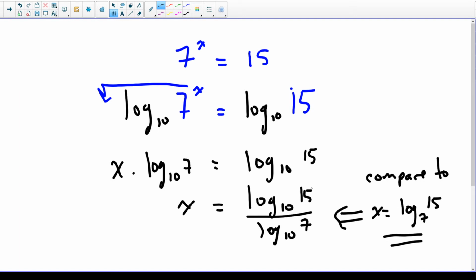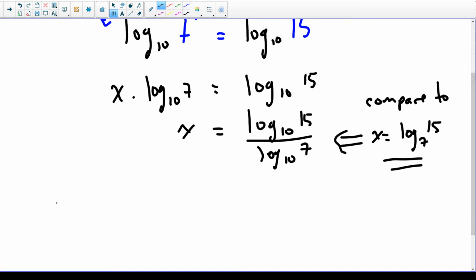Well, if you notice, the 15, which was inside the log, is just at the top of the fraction, and the 7, which is the base of the log, is the inner value of the logarithm at the bottom of the fraction. So in general, that's the trick that we can use each time.